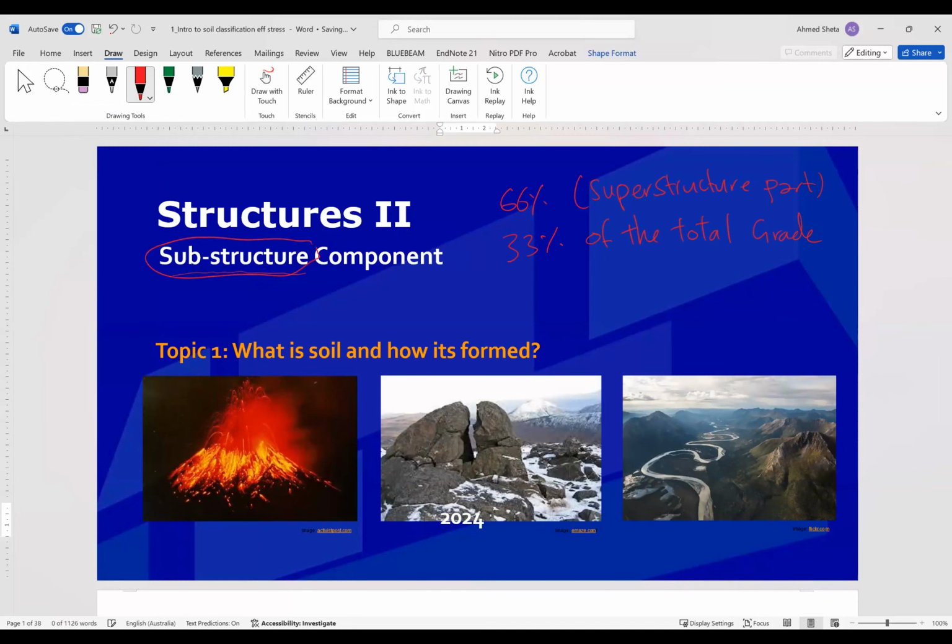This lecture will be discussing the substructure part, and today we have two main topics. The first one is what soil is and how soil forms, so we will be talking about the formation of soil.